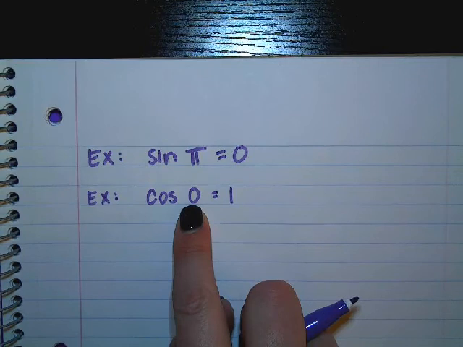It's not both. It's radians because it doesn't have a degree bubble.